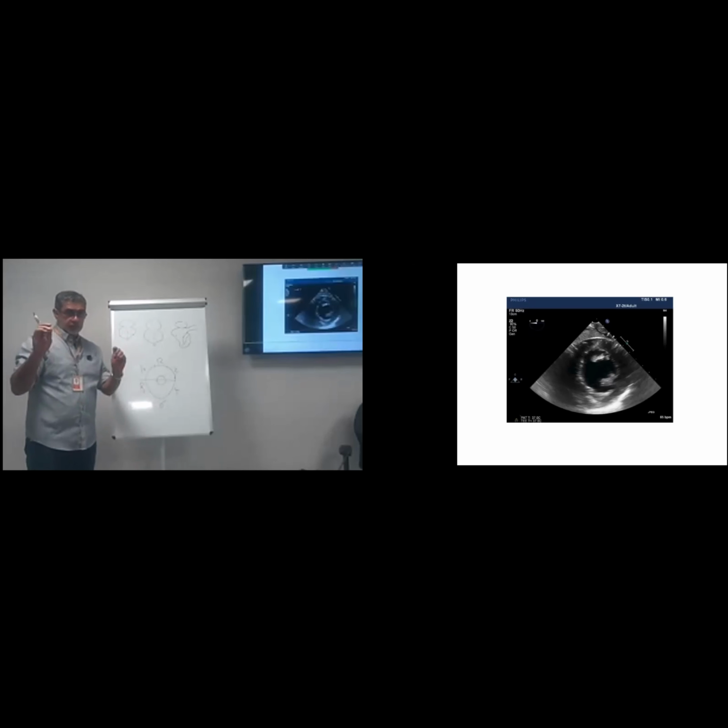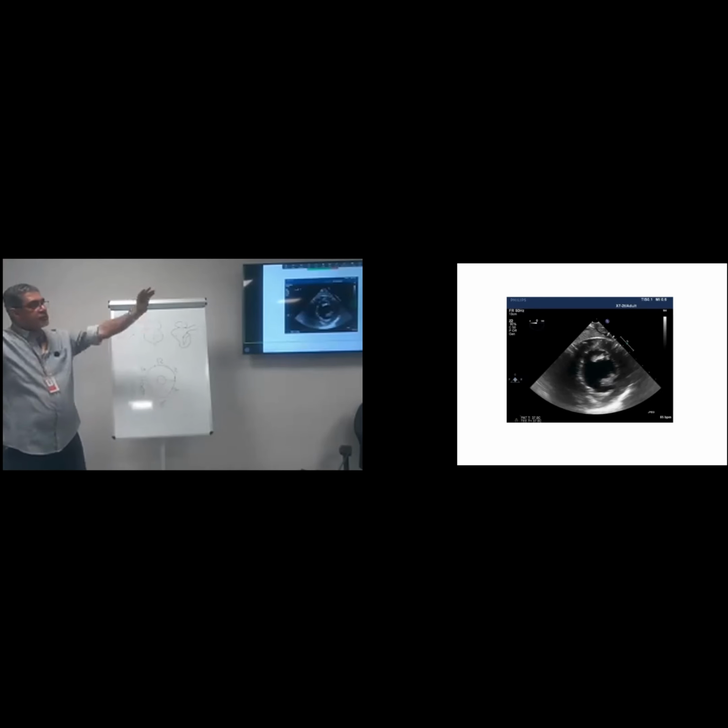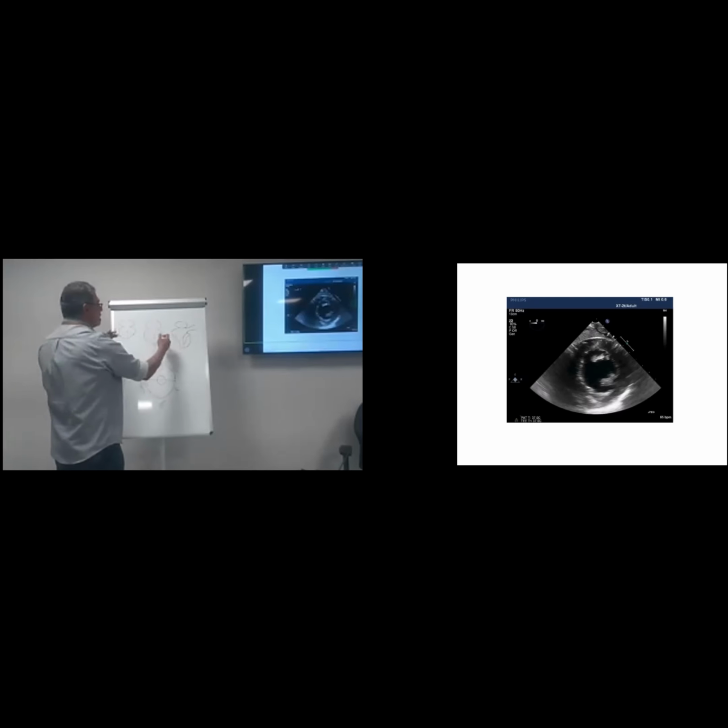Look, the thing I forgot to tell you: your right hand is anterior, always. Your left hand is inferior, always. So if I'm going here, my right hand is anterior and my left hand is inferior. Here, anterior but near the septum, so anteroseptal.